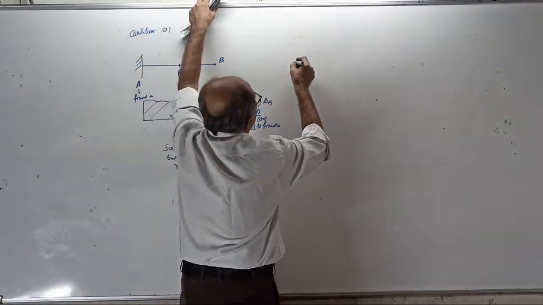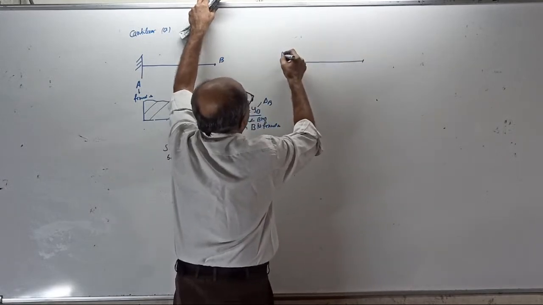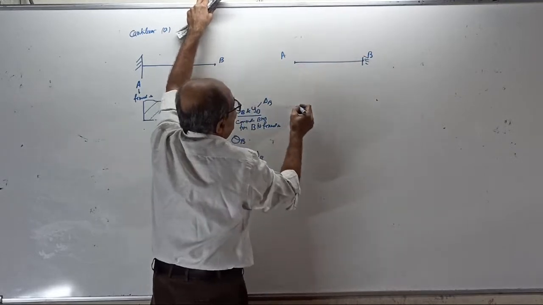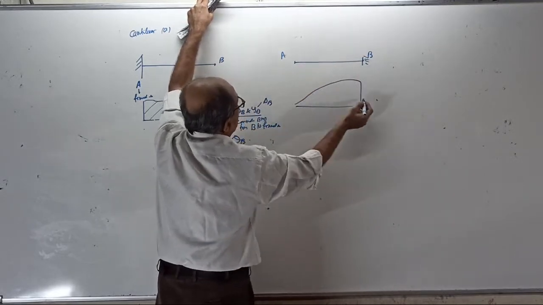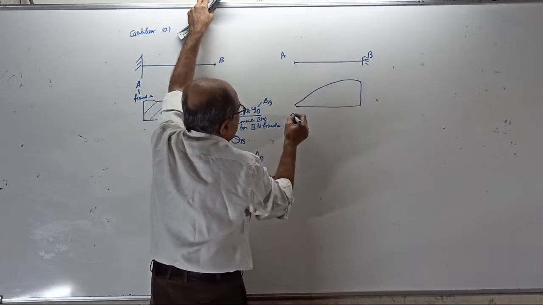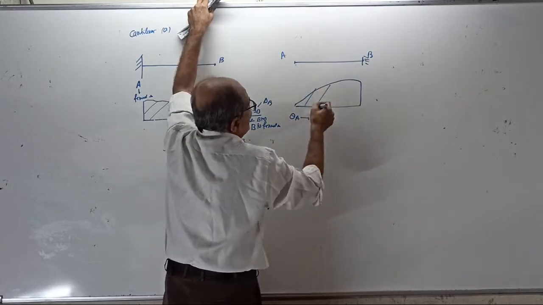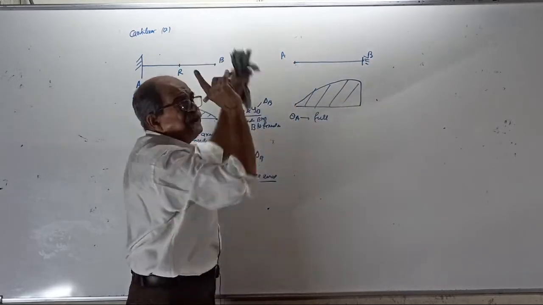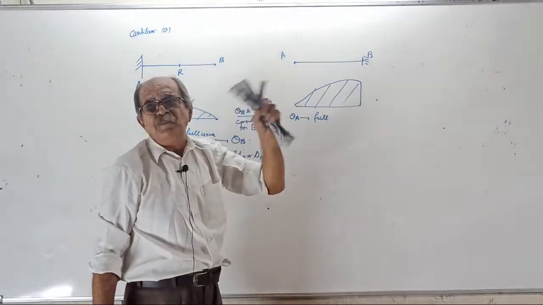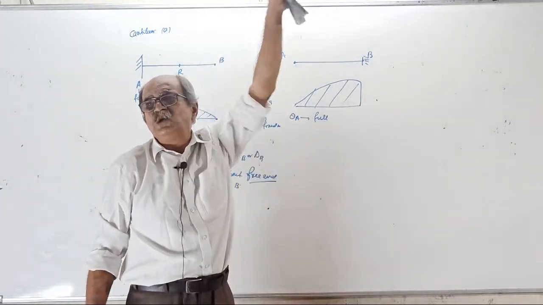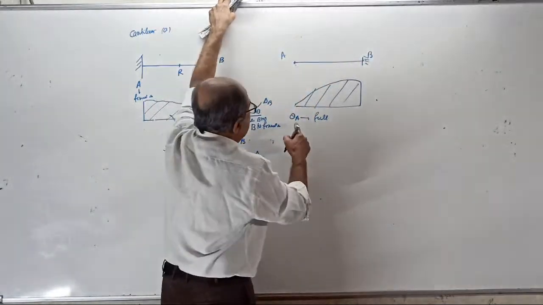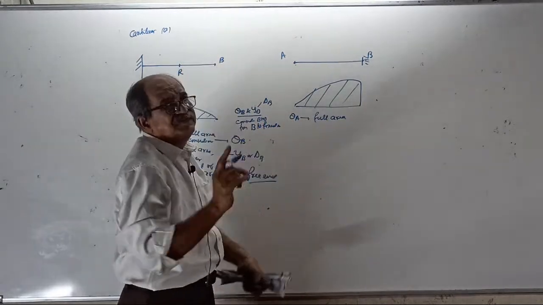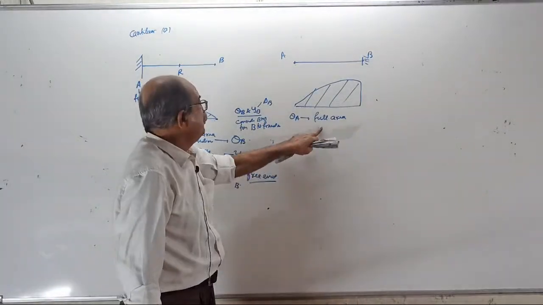Okay, now note it. Same thing here also, see. If it is A here and B here, the fixed end here, and the BMD is like this. If I want theta A, then full area. Why? Free end up to the fixed end. Wherever you want slope and deflection, from there you have to go up to the fixed end. Theta A is the full area, of course the full area of BM by EI.